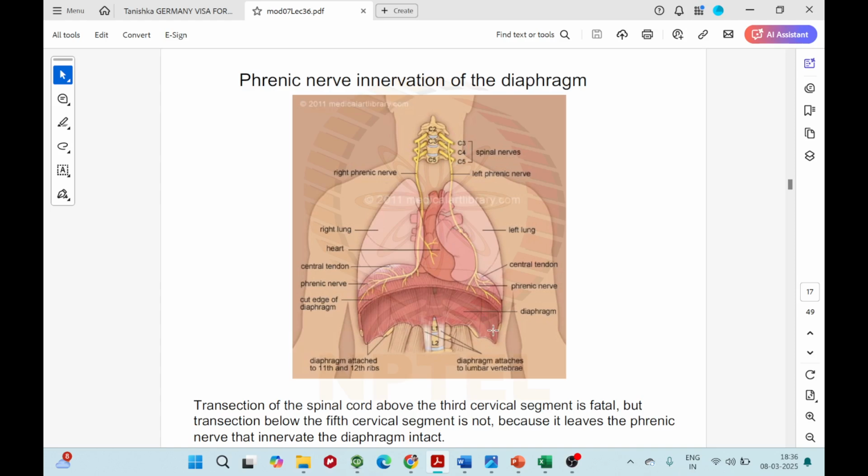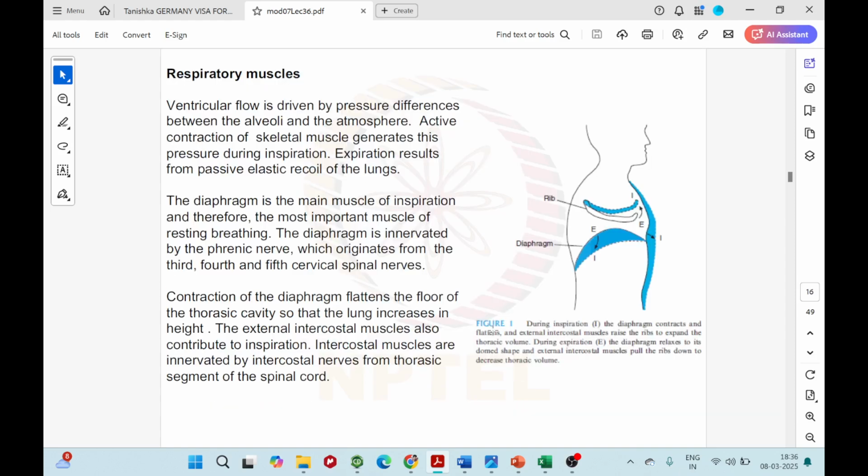So the basic function of the respiratory system is to inhale and exhale. But how is this process regulated? These are not involuntary muscles; they are regulated by the brain.